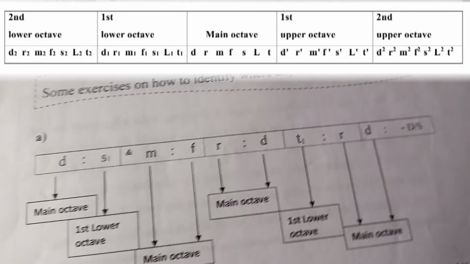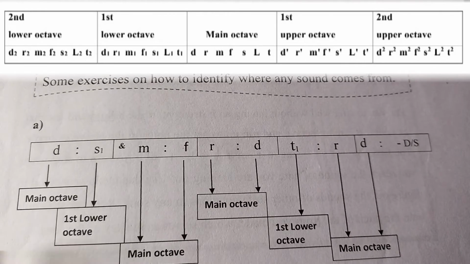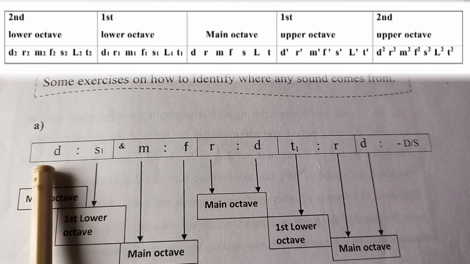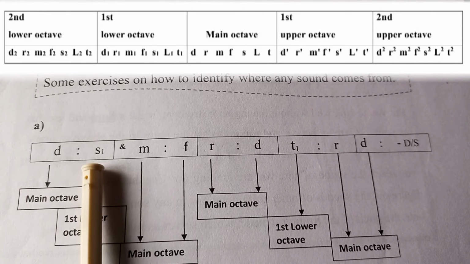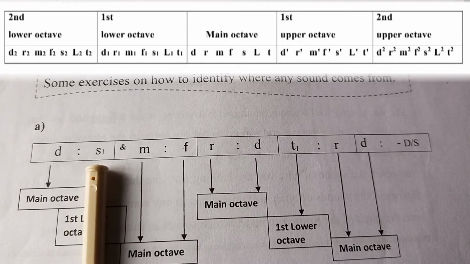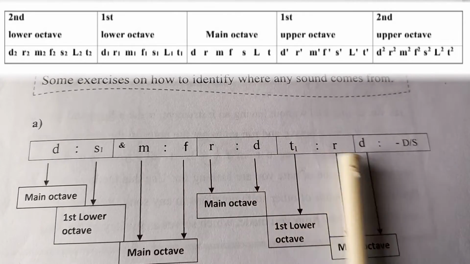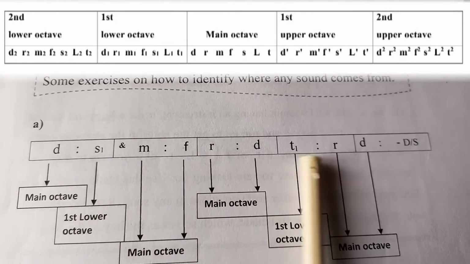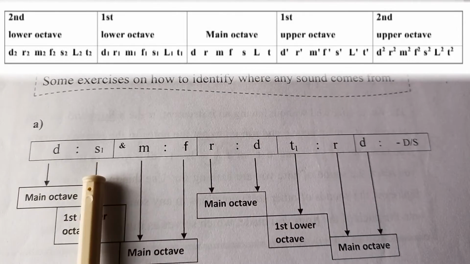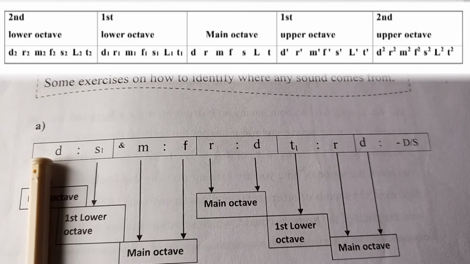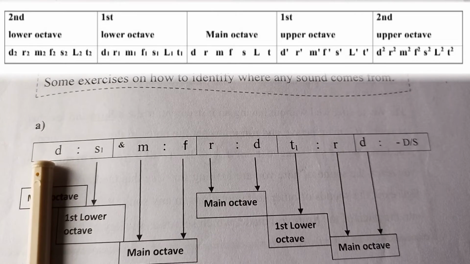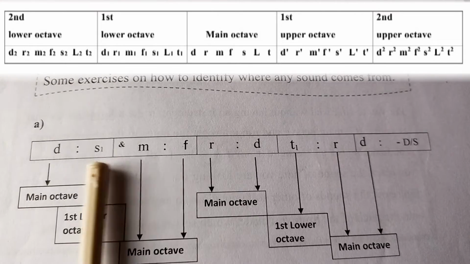Okay, let us see this song now. Look at it. Number 1, this is do, this is so, this is mi, this is fa, this is re, this is do. So where are they gotten from? This do, there is no sign, which means it is from main octave.